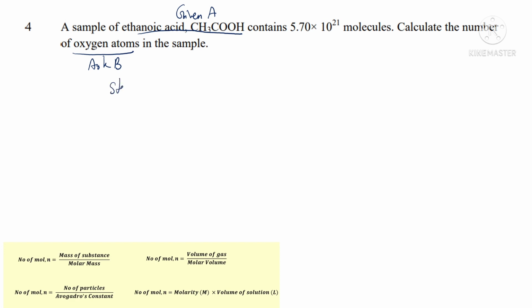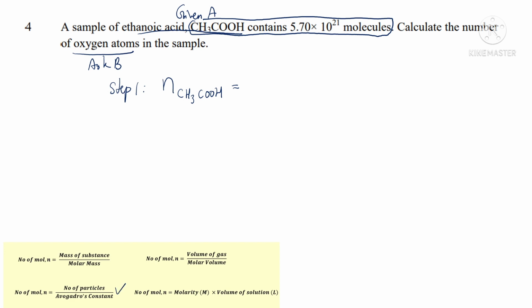So step number 1, we need to find the number of moles of A. We have been given A, ethanoic acid, 5.7 times 10 to the power of 21 molecules. So in step number 1, we need to find the number of moles of ethanoic acid molecules. Which formula to use? We use number of particles divided by Avogadro constant.